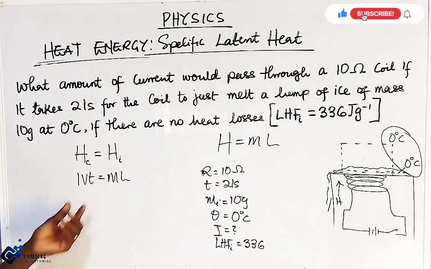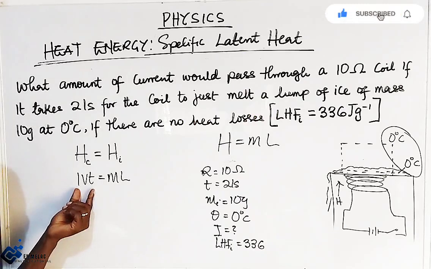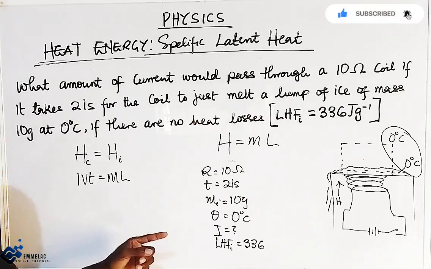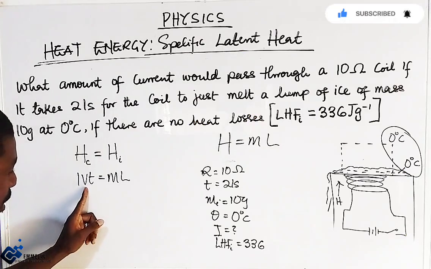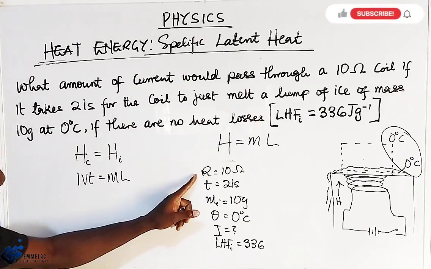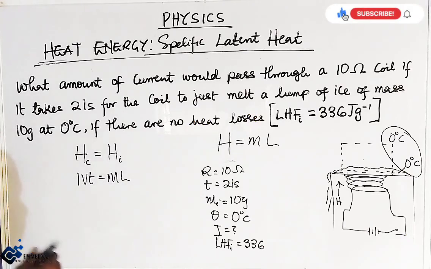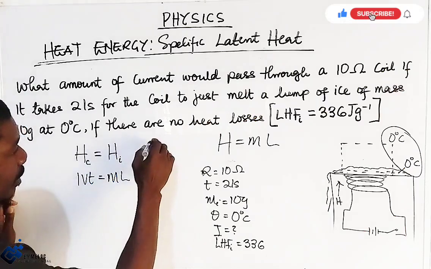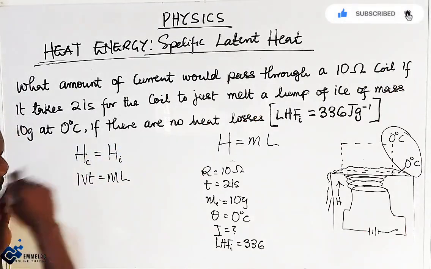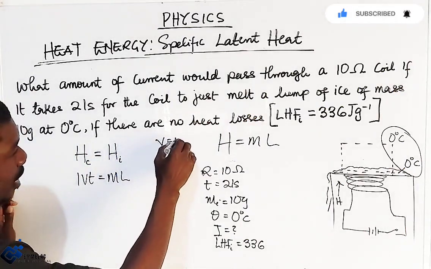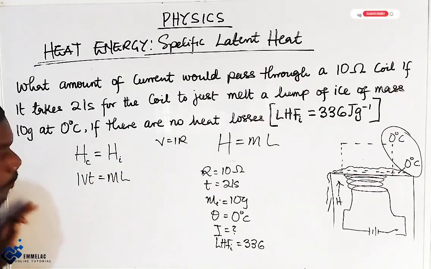Here we have IVT, but V is not given, rather it's R, and T is here. So let us recall that V equals IR according to Ohm's law.